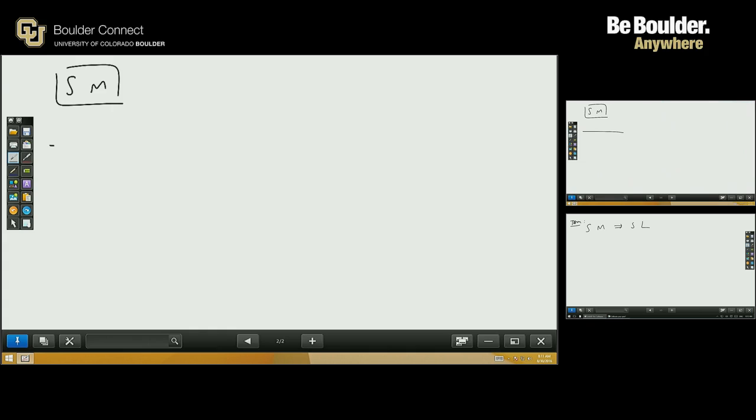So first of all, these are strings of parentheses. That is an M, so we'll call that rule 1.